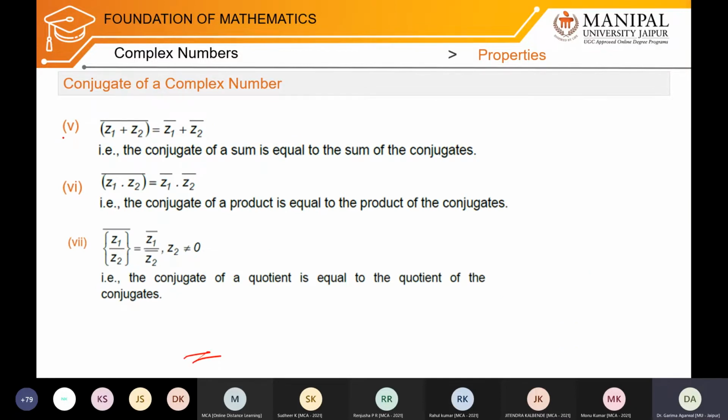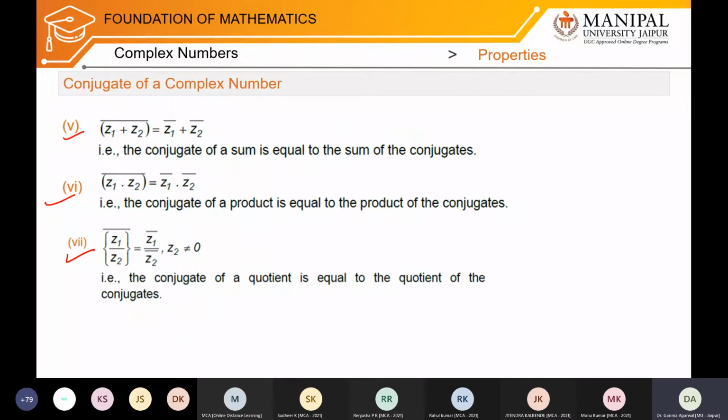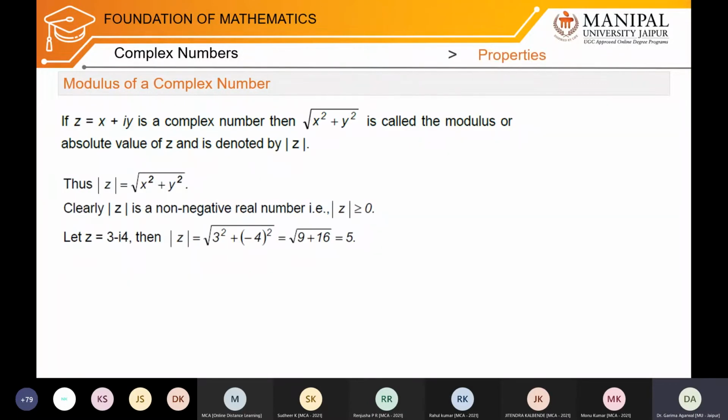Then the conjugate of z1 plus z2, whole bar, is equal to z1 bar plus z2 bar. Similarly, there are the multiplication and quotient rules, right? Then the modulus of a complex number. Let me first take your questions.